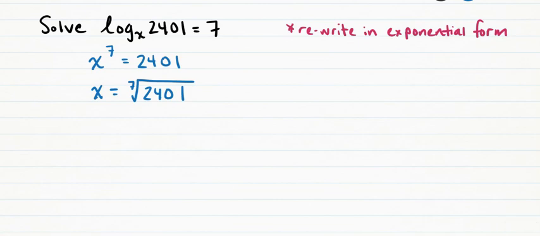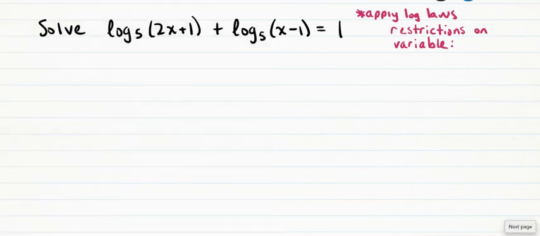And our last example: here we have the equation log base 5 of 2x plus 1 plus log base 5 of x minus 1 is equal to 1. In this case, we're going to solve this equation by applying logarithm laws.